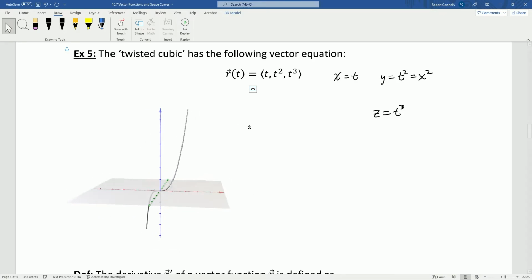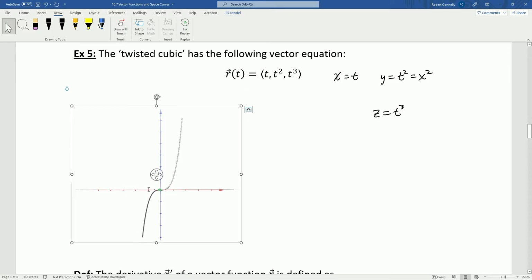Actually, I want to go this way. Here we go. And so what do we see? We get the curve of a cubic function. So when we ignore the y-axis and we just look at the relationship between x and z, we get this cubic curl.